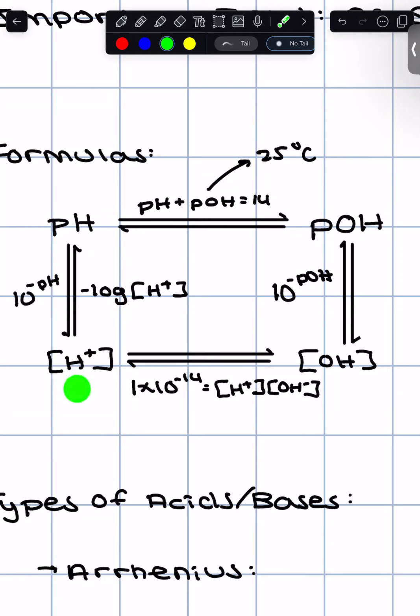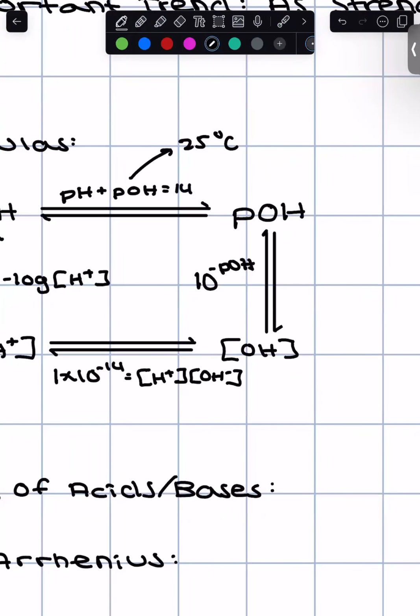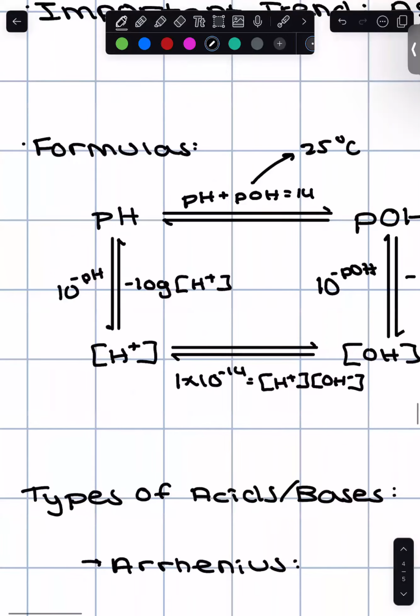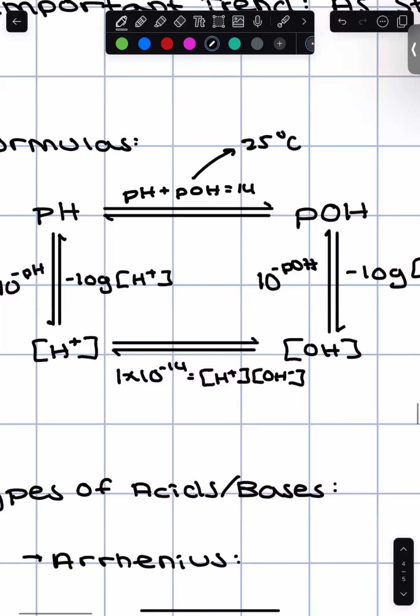To go from the concentration of hydrogen ions to the pH, or the concentration of hydroxide ions to pOH, you're going to use the negative log. Or if you need to go to the concentration of hydrogen from pH, you're going to use 10 to the negative pH. And to interconvert between hydrogen ions and hydroxide ions, you're going to use the Kw, which is equal to the concentration of hydrogen ions times the concentration of hydroxide ions, which is equal to 1.0 times 10 to the negative 14.